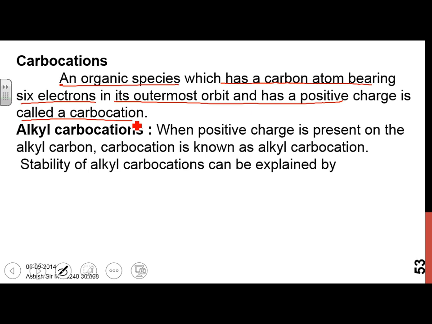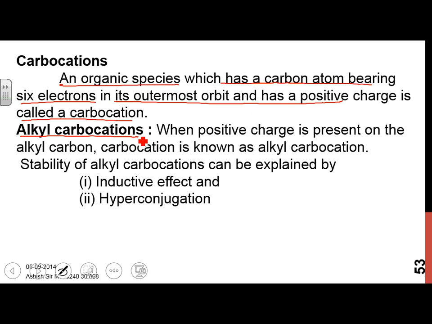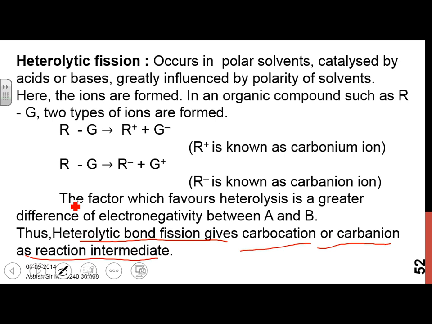Now, carbocation stabilities can be explained by two effects: inductive effect and hyperconjugation. Before I move to the inductive effect, let me explain hyperconjugation, because we paused that topic in the middle and are doing something else. Actually, we started with hyperconjugation.